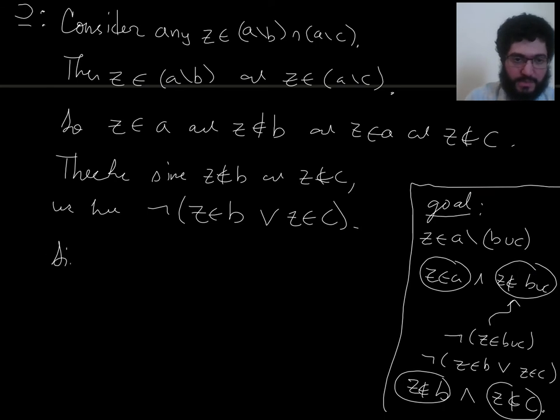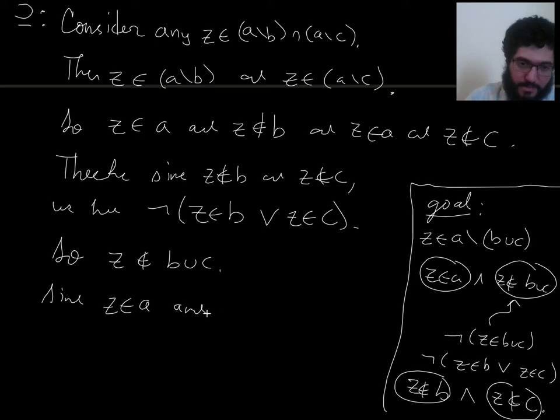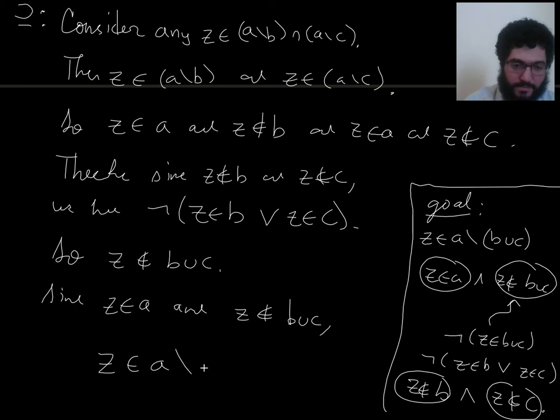And then, what's written here is z in B union C, except it's inside a not, right? So z is not in B union C. Since z is in A, that was up here, and we said it twice, in fact. Since z is in A and z is not in B union C, z is in A without B union C.